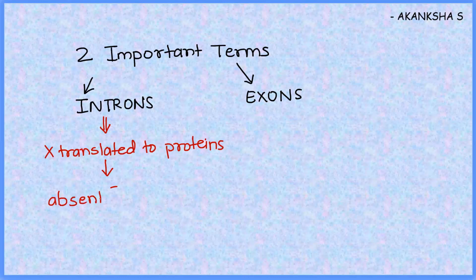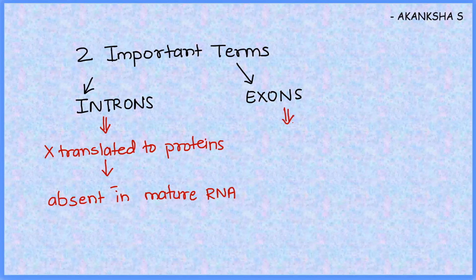They are absent in mature mRNA or mature RNA. Introns just increase the space area of the RNAs. They are not actually coding for any proteins. And while you're going to process the RNA into a mature one, you're going to remove the introns. So introns are segments of genes which do not code for any proteins and are removed from the mature RNA.